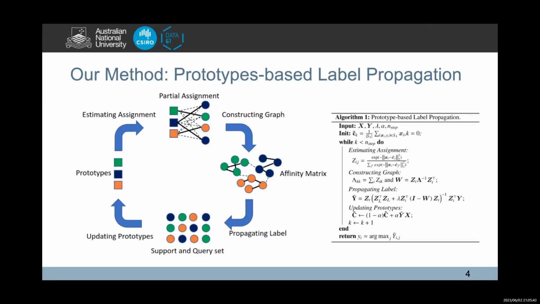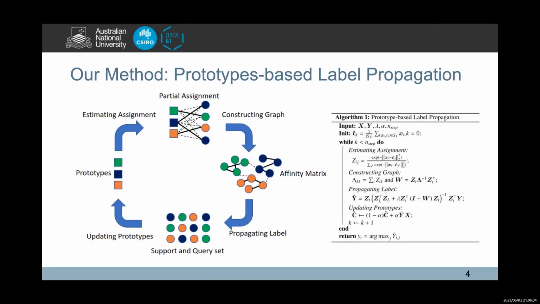This figure shows how to alternately optimize a partial assignment between prototypes and the query set, and enable probability prediction by prototype-based neighbor propagation.